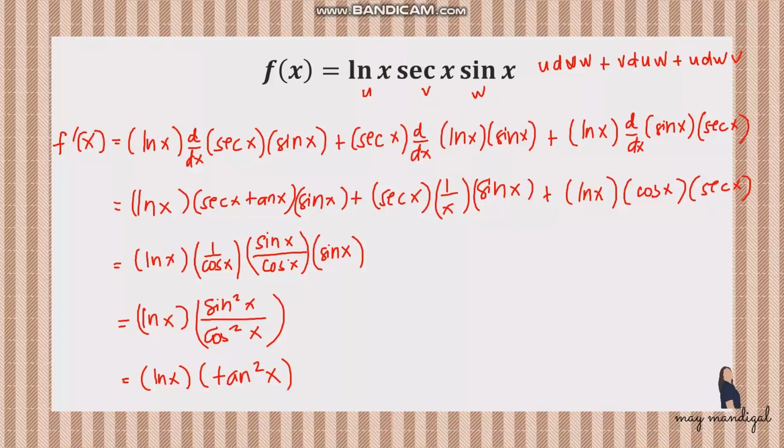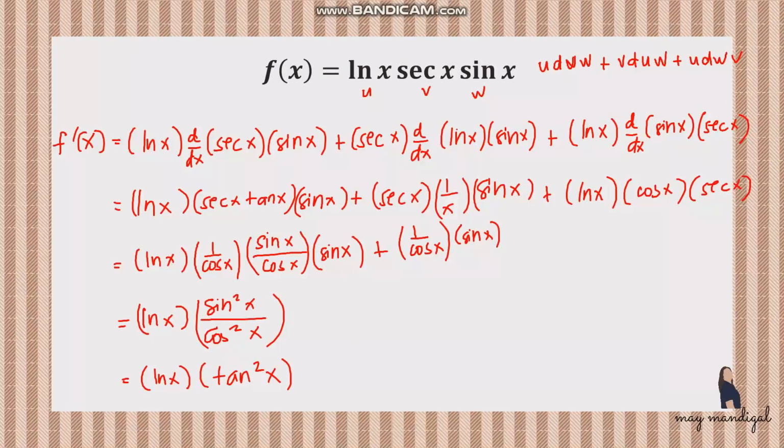So next, let's proceed with the second one. So we have here plus. Now secant, we can again change this into 1 over cosine. And then for the sine, we will leave it as is again, because if we rewrite sine into its other form, it will become 1 over cosecant, which will not lead us anywhere. So just leave it as like that.